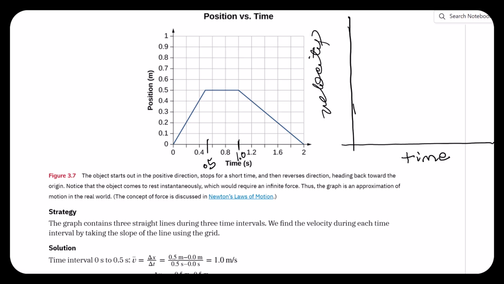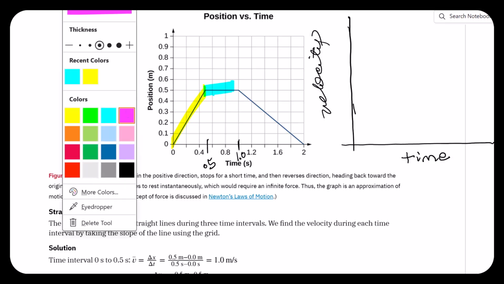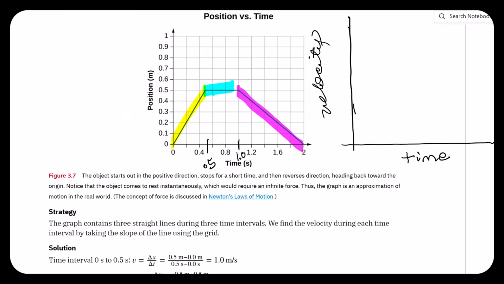We know derivative means slope, hopefully, and we can tell that the slopes change at, like, this is a slope, slope, and slope, and slope, right? So that means that over here, we're going to have something at 0.5 and at 1.0 and then at 2. That's in no way to scale.